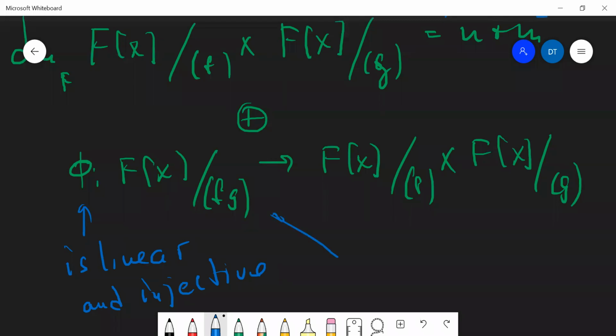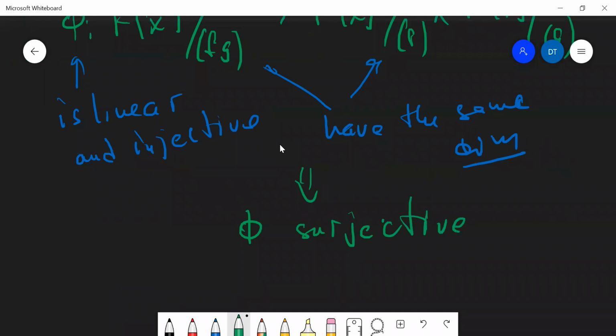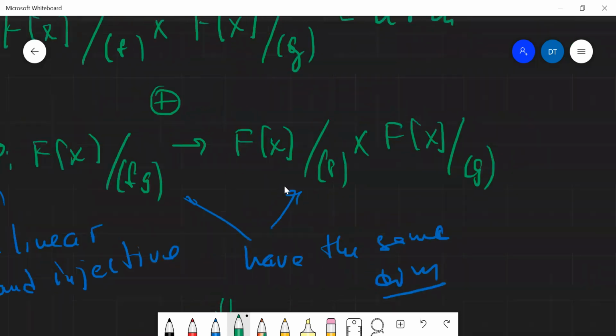And these two spaces have the same dimension. So we know that in this case, phi must be surjective. And that's it. So this is the Chinese remainder theorem for the ring of remainders in the polynomial case.